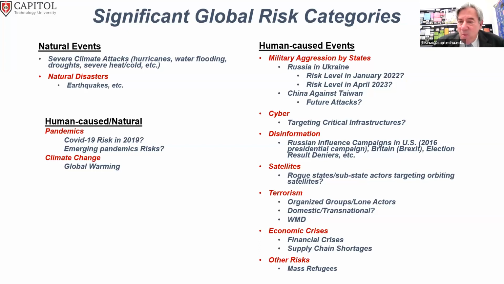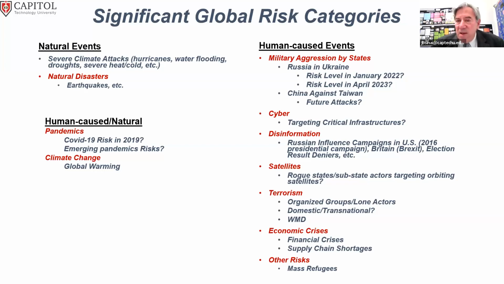And another risk that everyone is concerned about is that of global warming. There are also human-caused events that present significant risks, such as military aggression by rogue states, especially, for example, Russia and Ukraine. So what was the risk level in January 2022 when Russia began deploying its forces along the border with Ukraine?